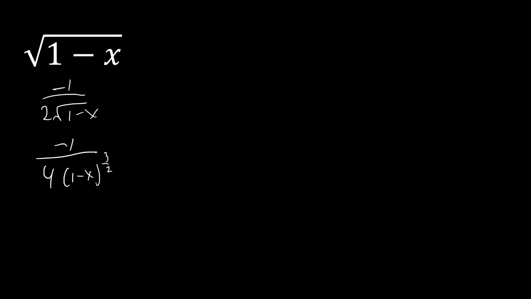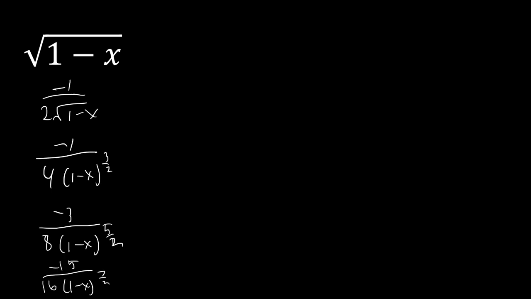And if we keep repeating this, we're going to end up with negative 3/8, 1 minus x to the 5/2, negative 15/16, 1 minus x to the 7/2.